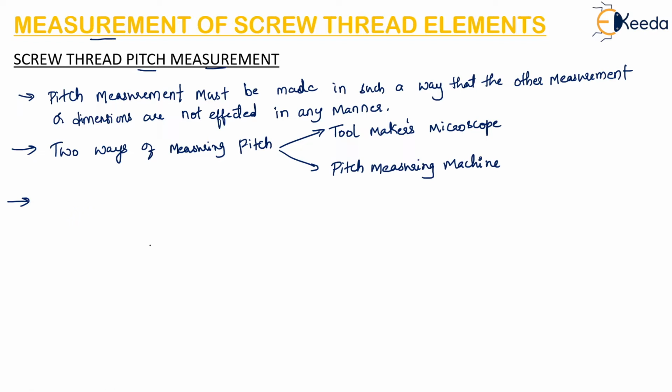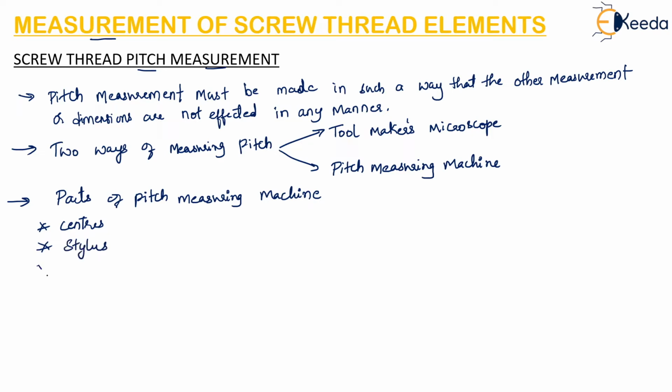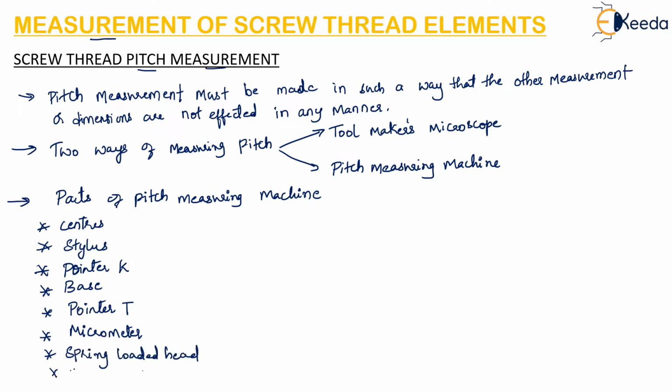The pitch measuring machine has different parts: the centers or the anvils, a stylus, pointer K, a base, pointer T, a micrometer, a spring loaded head, and a fiducial indicator.